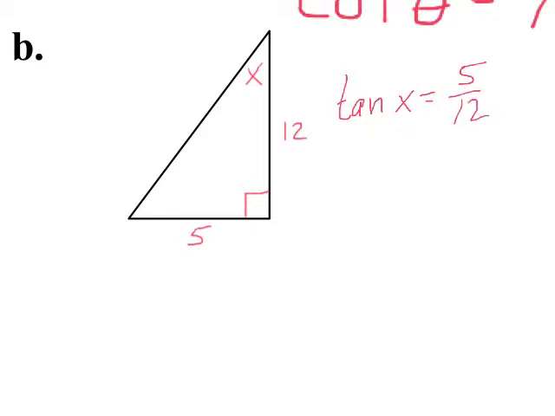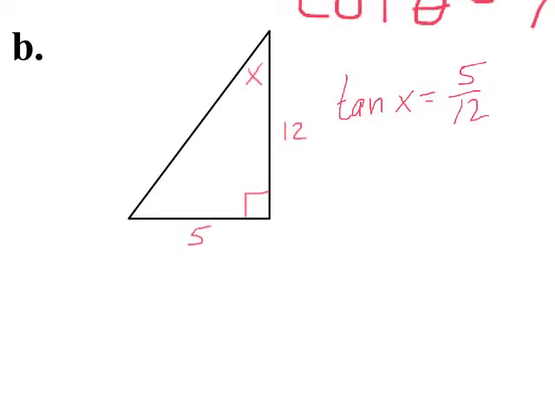So how do I solve that? You're not going to divide by tan. That doesn't make any sense, because like I said a minute ago, it's not tan times X, it's tangent of X. So one way we're going to solve this is to take the inverse tangent of both sides.